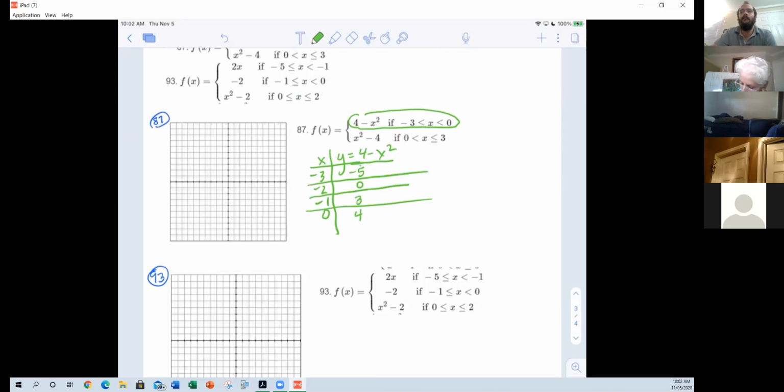And these, remember, we've done these before. What kind of dots will be on the -3 and the 0? Open dots or closed dots? Open. So I'm going to go ahead and graph that piece. -3, -5.